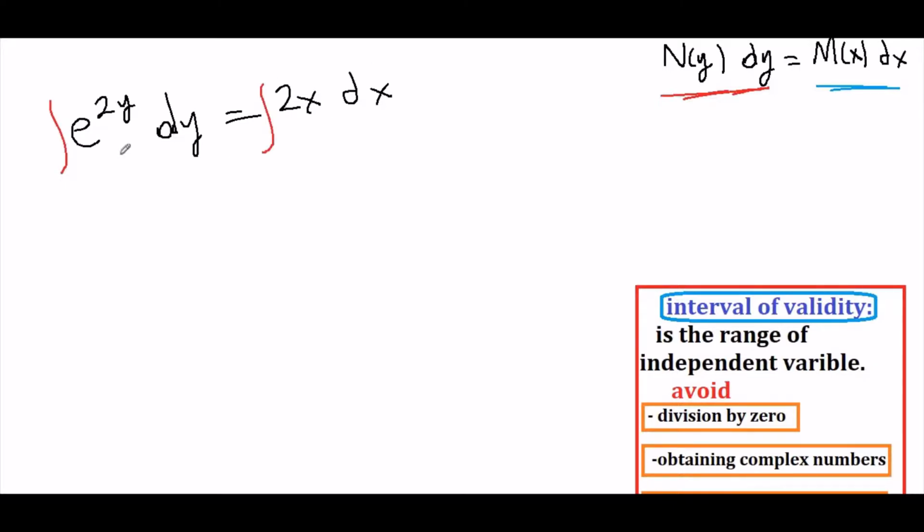So the antiderivative of e to the 2y is 1/2 e to the 2y, and the antiderivative of 2x is 2x squared divided by 2, plus c. Now we're going to simplify this, and this is our implicit solution.